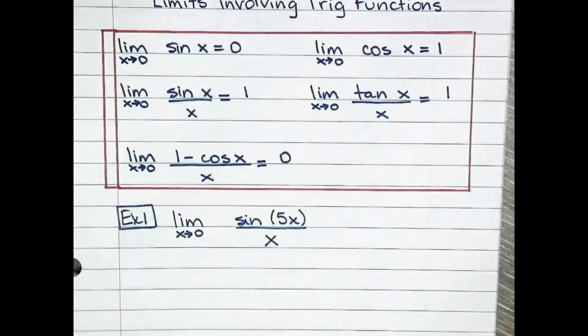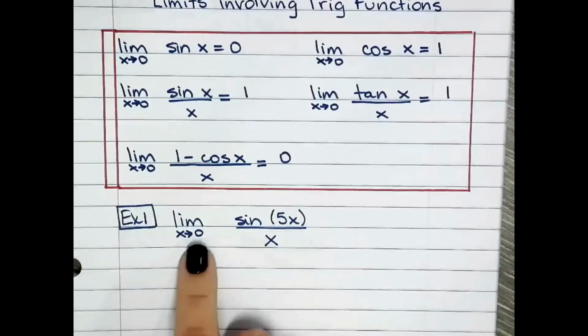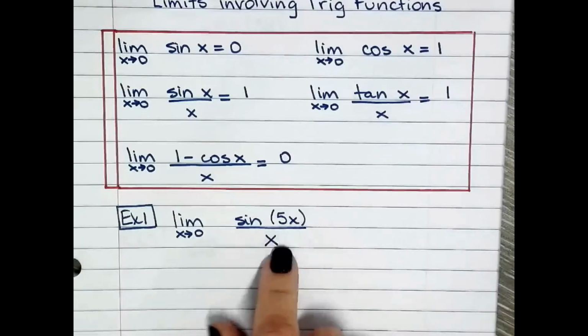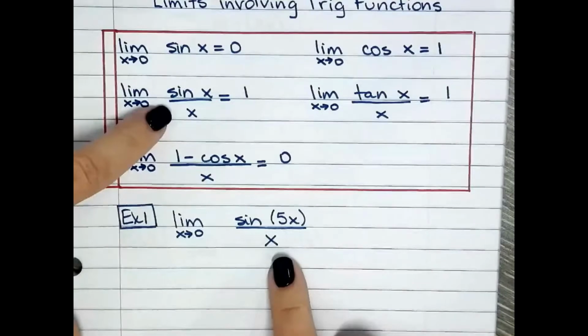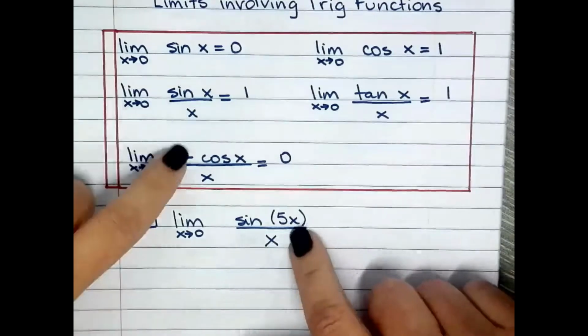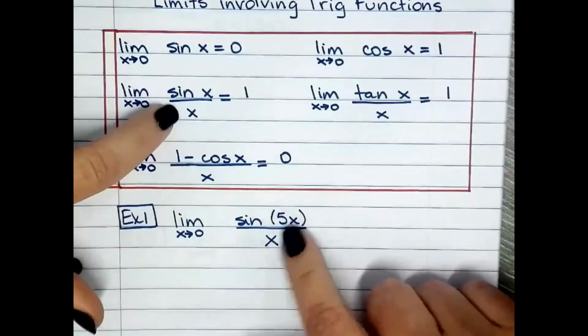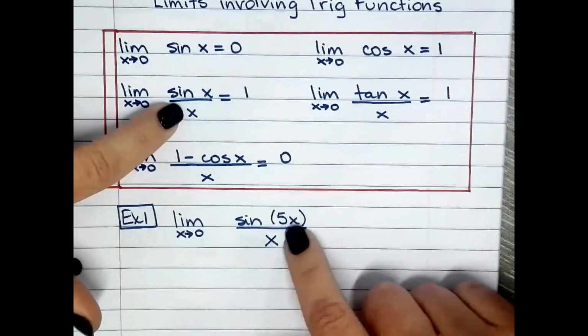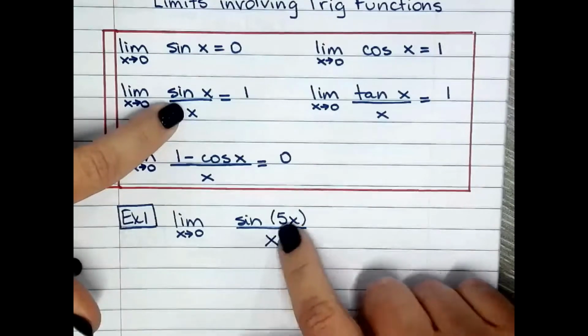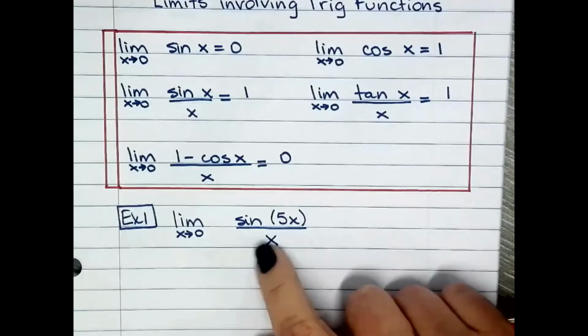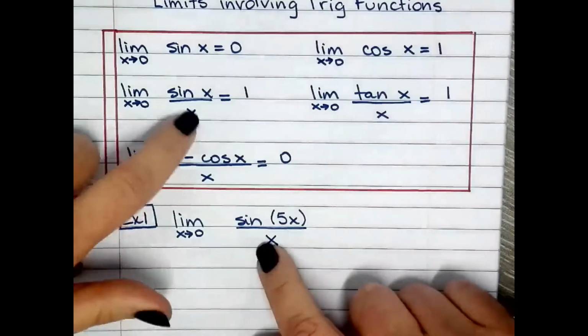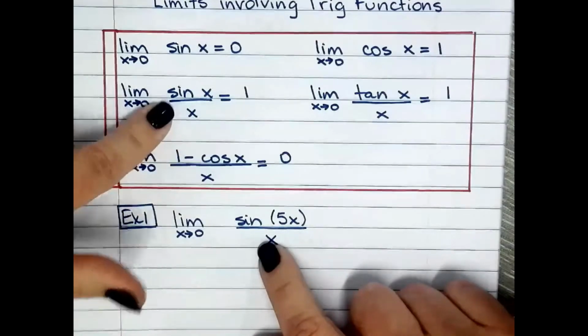So here we go. Our first example, I have to find the limit as x approaches 0 of sine of 5x over x. It'll be nice if I can have 5x in the denominator, so I will be able to use this.